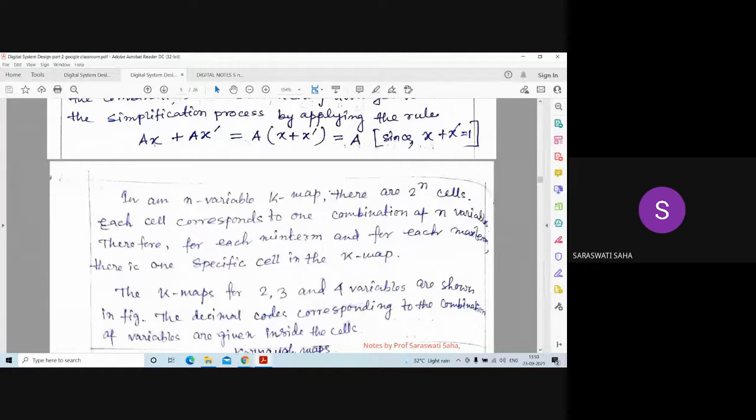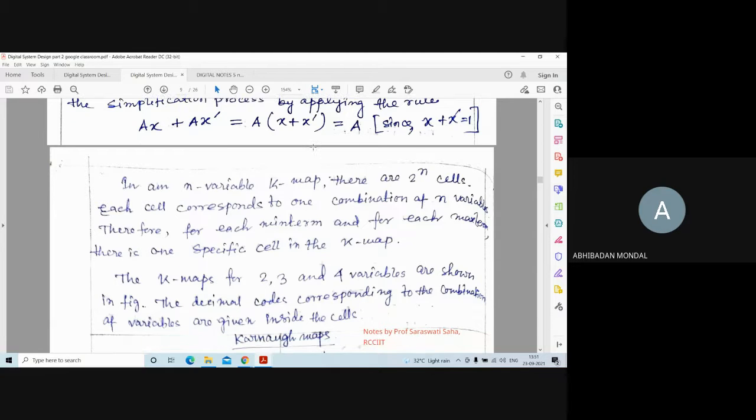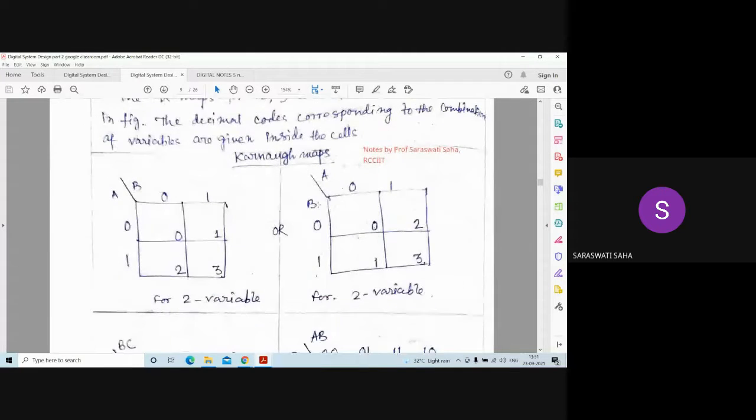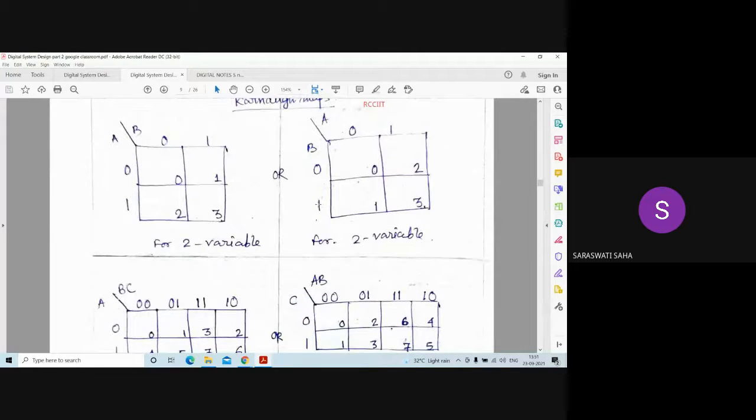When there are two variables, suppose AB plus AB bar, then you can cancel the B literals. How? By taking A as a common term and applying the complementary law, x plus x bar equals 1. So we can drop out this variable in this way. That's why the Carnot map is drawn in this style.